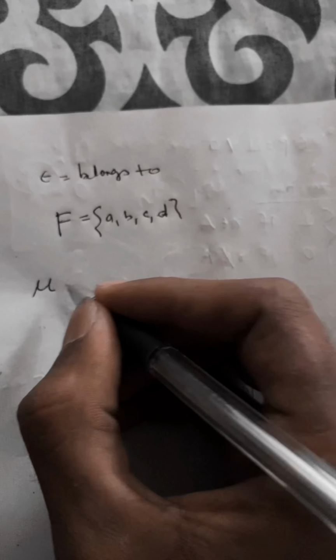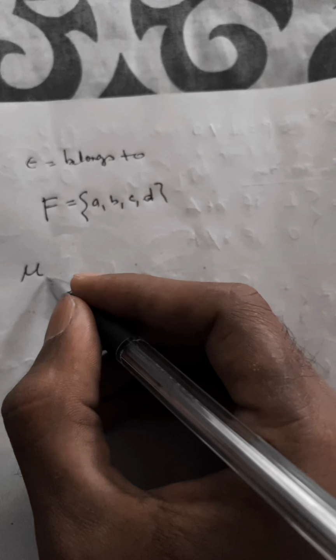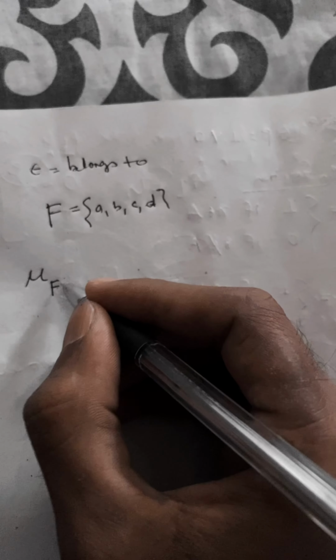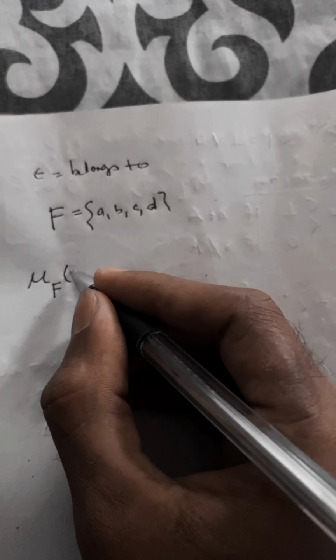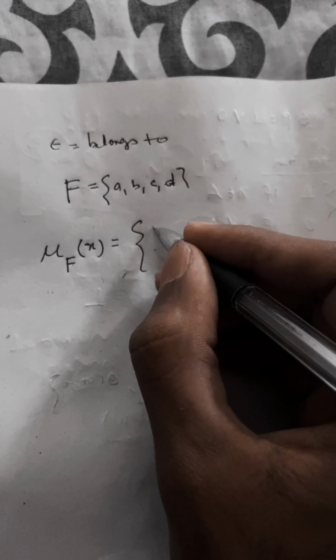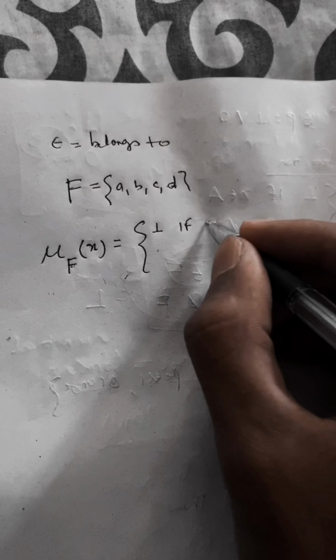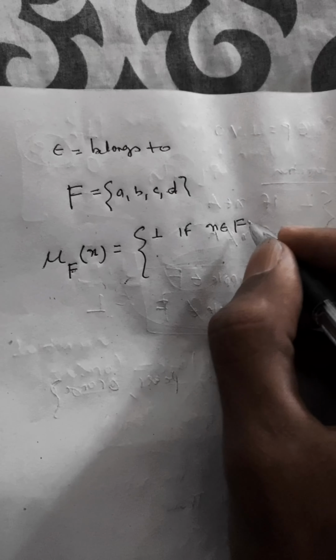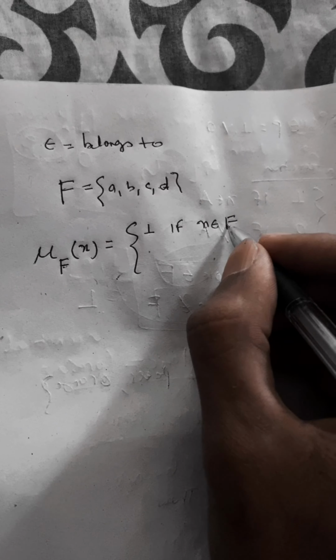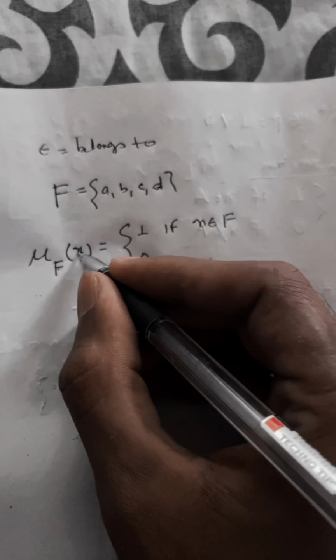So we define a function, and the notation is mu. It acts on the set F, and let's say there is an element X. The function becomes 1 if this X belongs to F, means X is in the set F, and 0 if X does not belong to F.